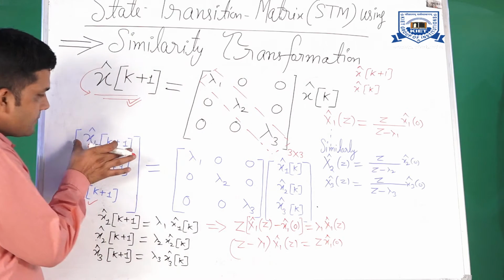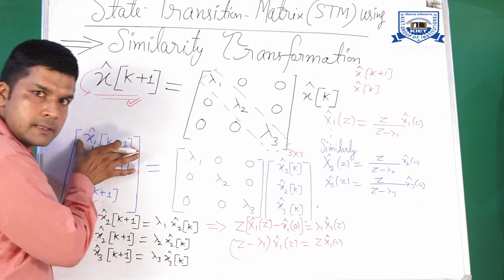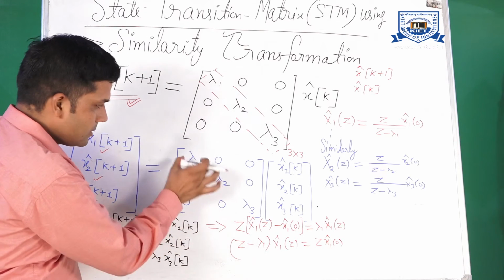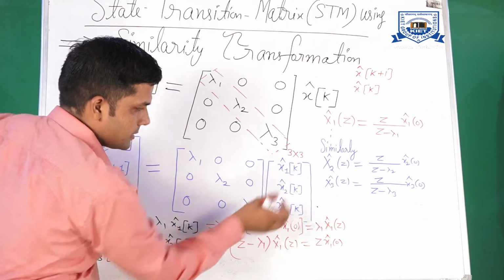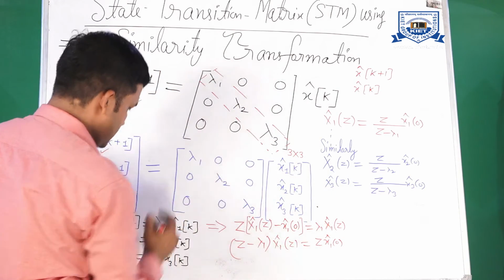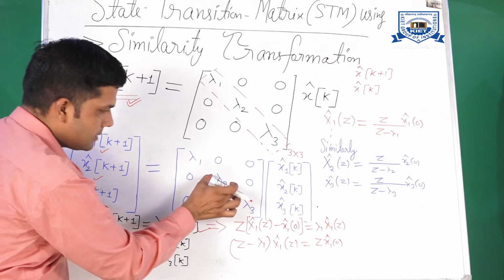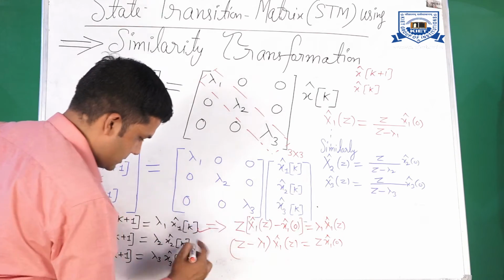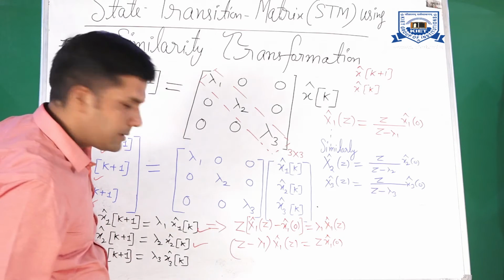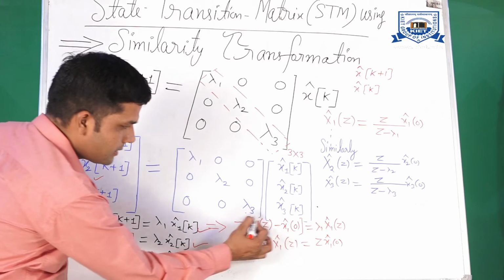Now what is the value of x1 cap k plus 1? x1 cap k plus 1 is equal to lambda 1 into x1 k, because we will shift accordingly. x2 cap k plus 1 will be lambda 2 x2 k. Then x3 cap k plus 1 is equal to lambda 3 into x3 k.